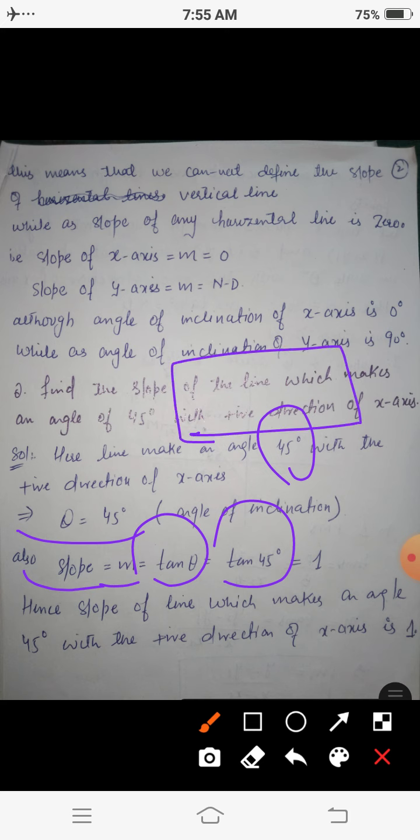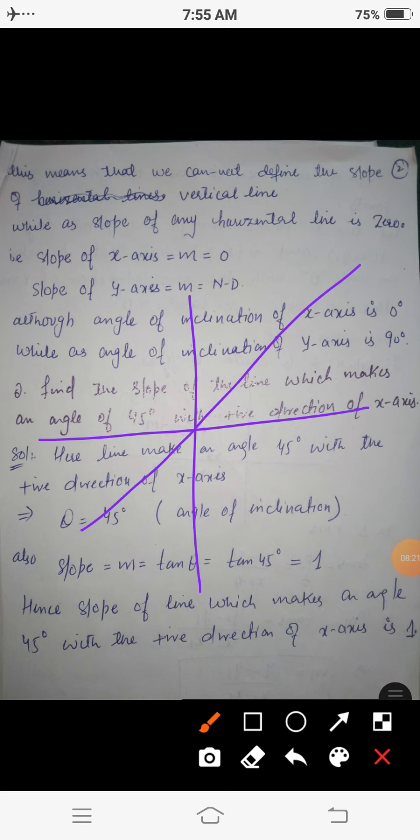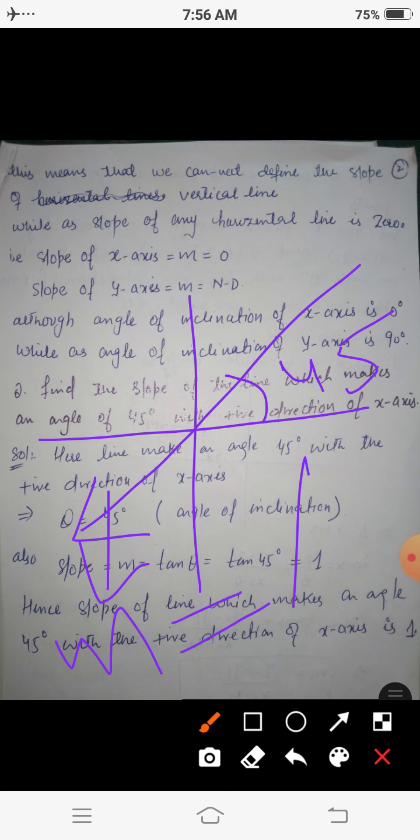If we have a line in the plane which makes an angle of 45 degrees with the positive direction of the x-axis, then its slope m is always 1, and the angle of inclination theta is 45 degrees.